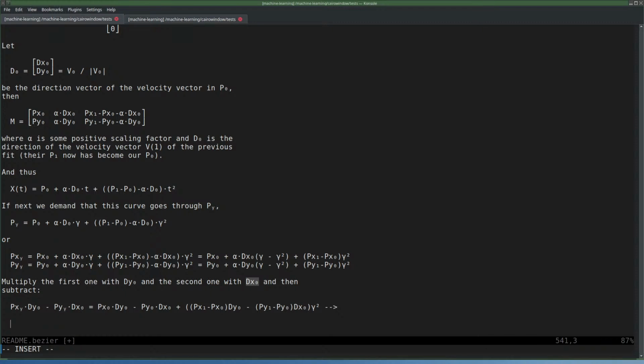And let's bring everything to this side as well. So then I have minus that. X0 plus that.